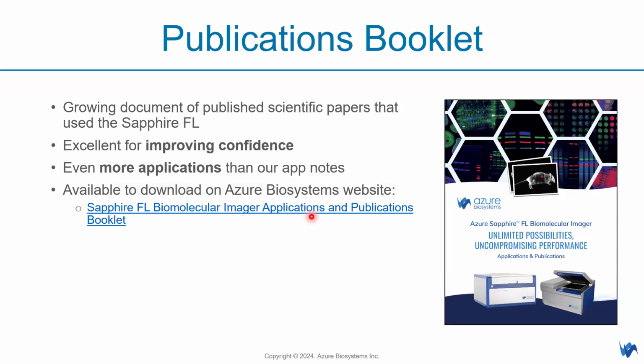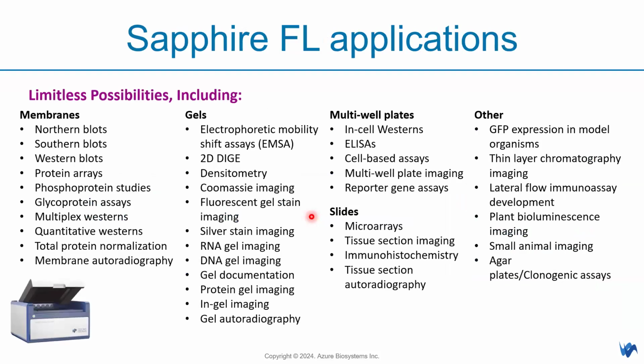So we have tons of information on our website. Please feel free to check it out. And here are the Sapphire FL applications. I'll just spare you all the lists. Basically, anything within 6 mm depth, you'll be able to image it.